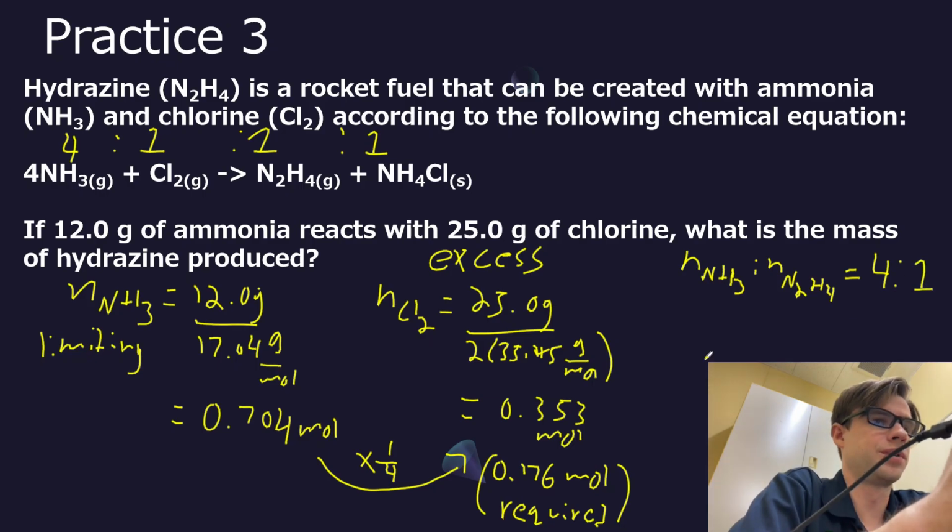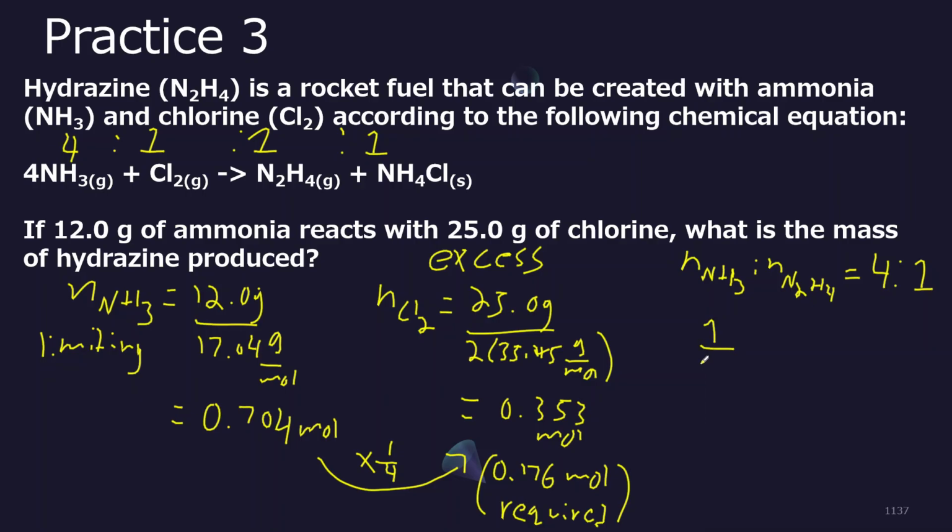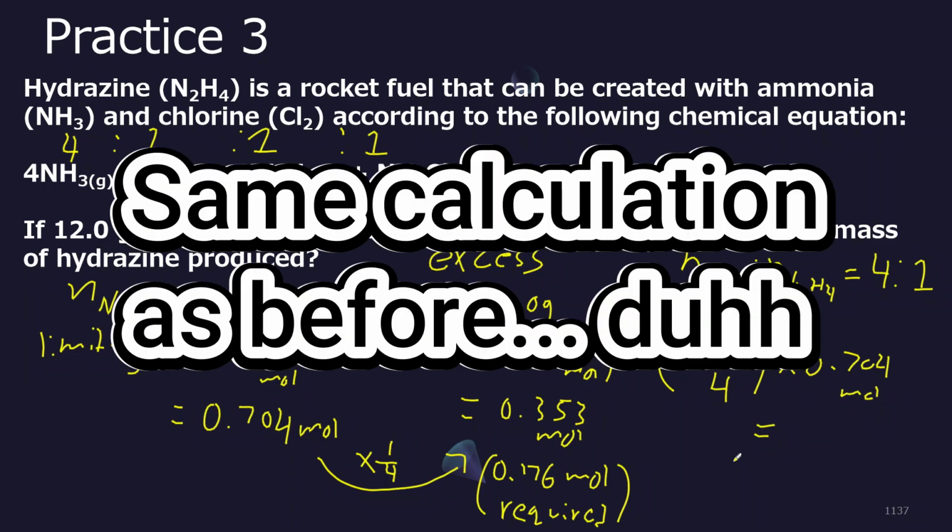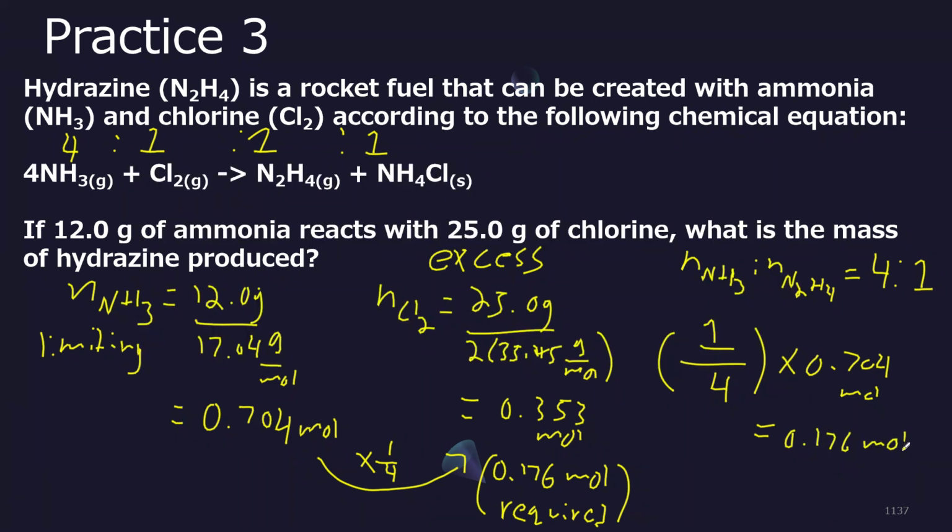So if we're trying to produce hydrazine, we're going to have 1 over 4 multiplied by our limiting amount, 0.704 moles. This is equal to 0.176 moles of hydrazine produced.